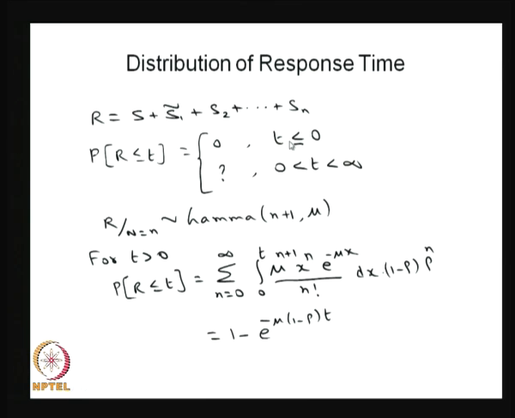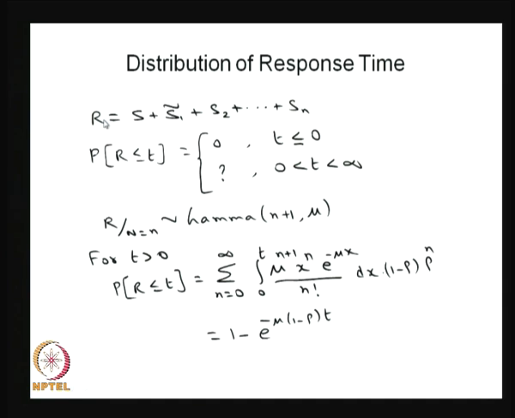Similarly, one can get the distribution of the response time also, or the total time spent in the system. The total time spent in the system is a random variable: the residual service time of the first customer who is in the system plus all the remaining n customers in the queue plus your own service time.